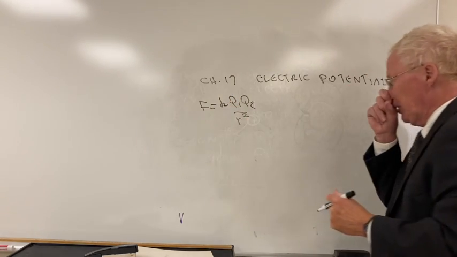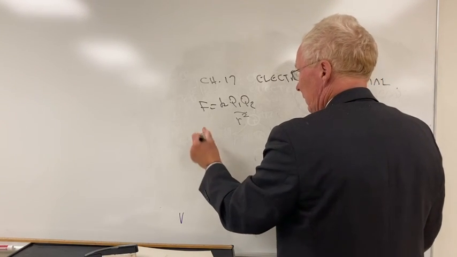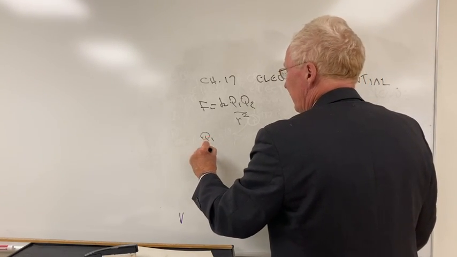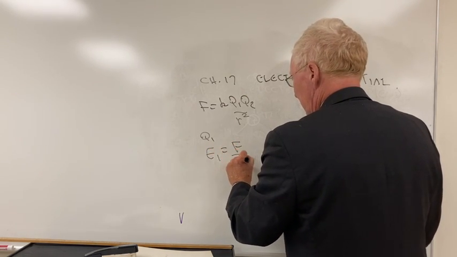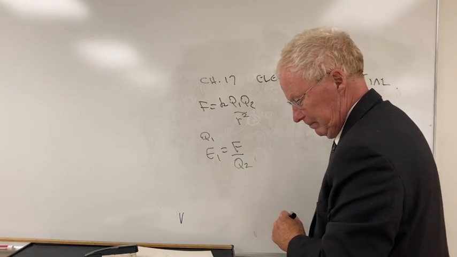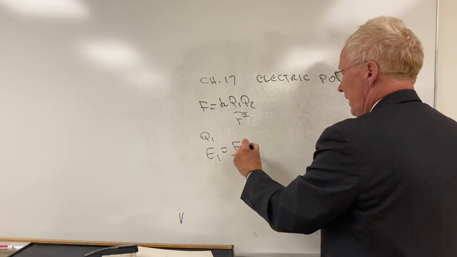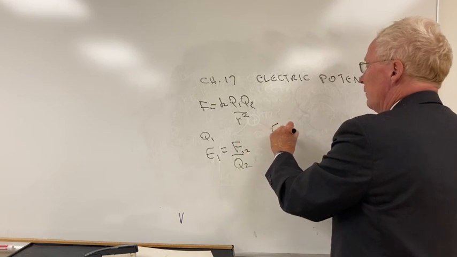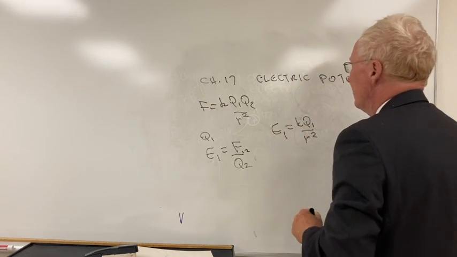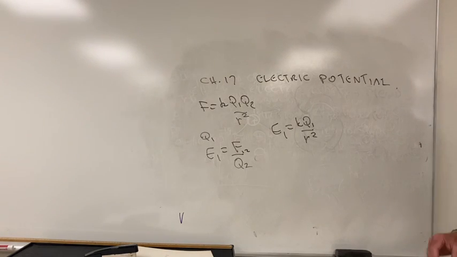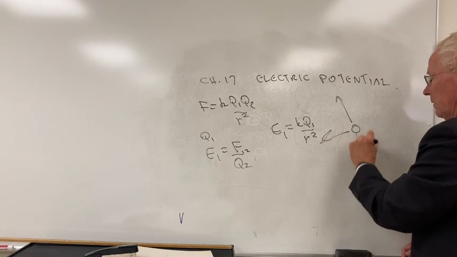That's the force between two charges. But if we have a single charge, Q1, then we define electric field 1 as F over Q2. And so this becomes electric field 1 is K Q1 over R squared.